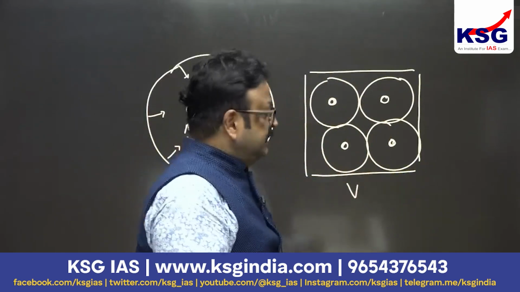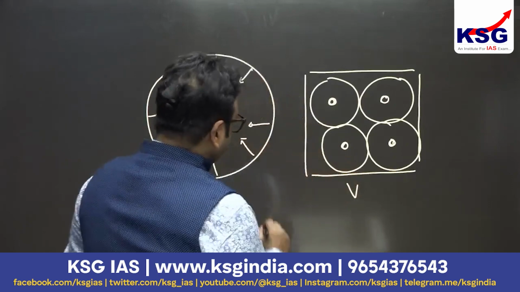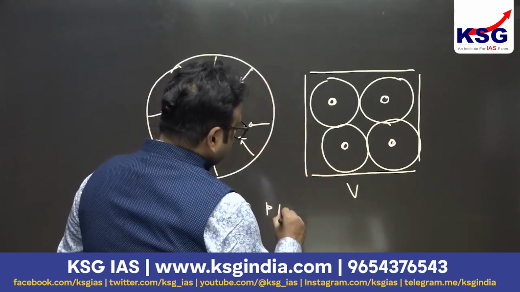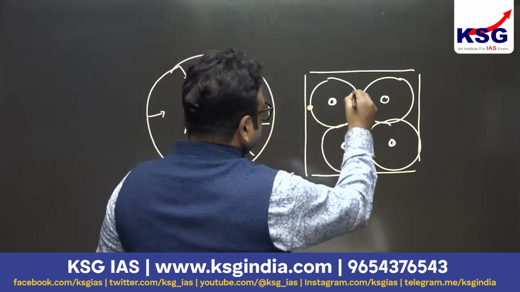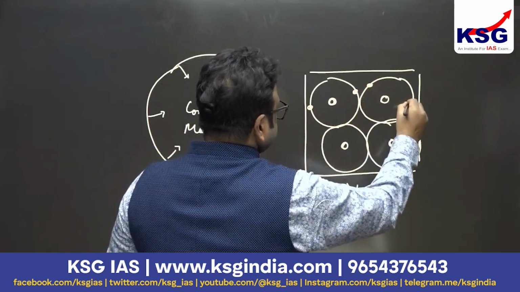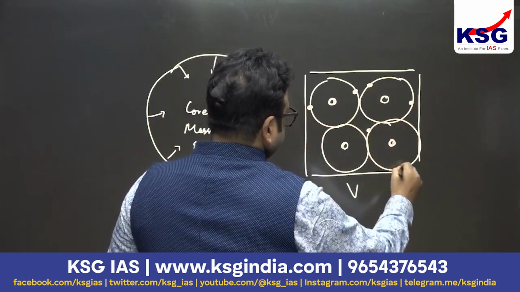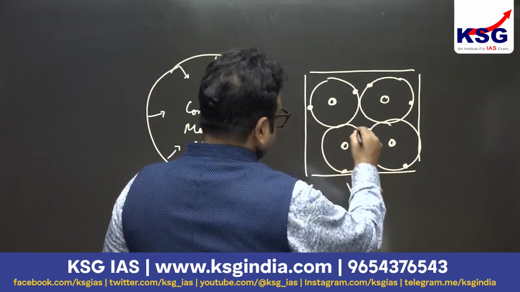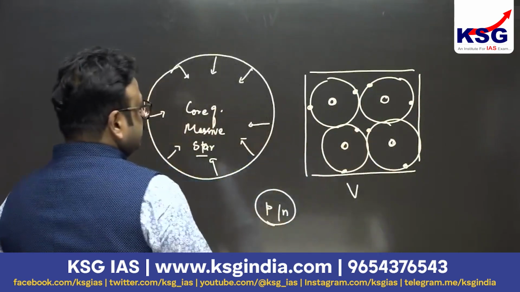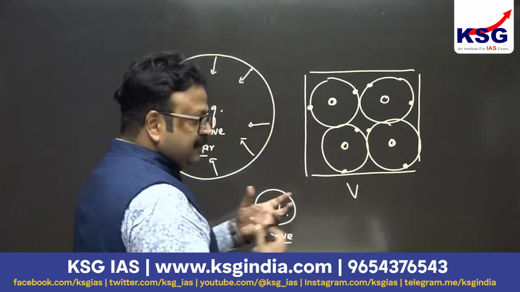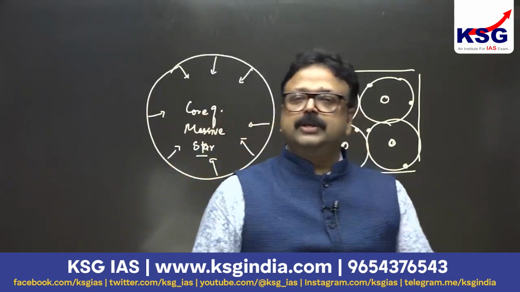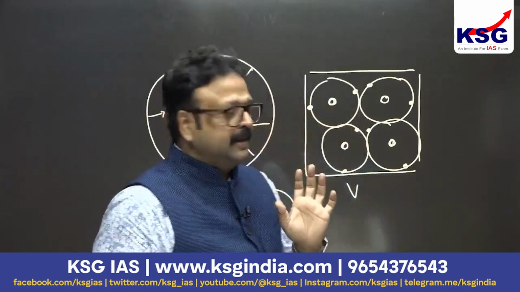And this atom has protons and neutrons present in the nucleus, and electrons revolving inside the orbits. These are the electrons, and the nucleus has a positive charge. The number of protons is equal to the number of electrons. This is what the atom says.